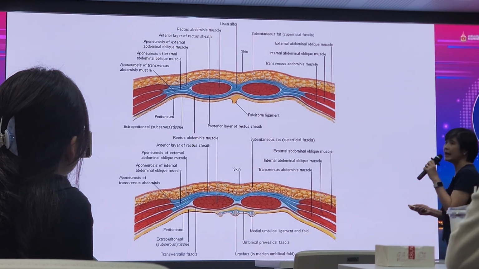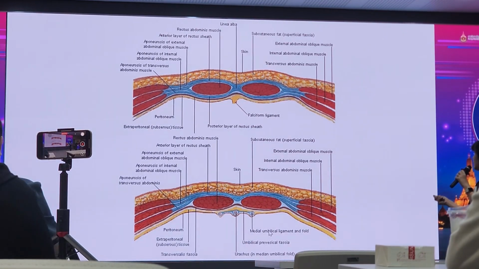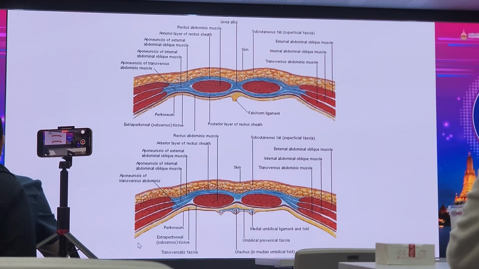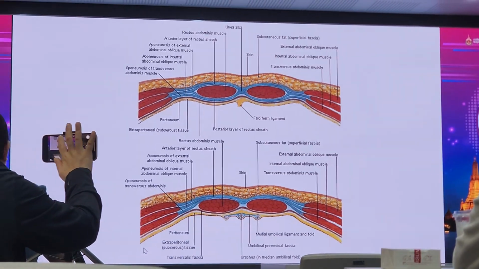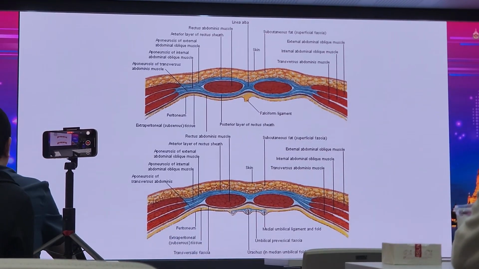Everybody knows about that. This is the level above the umbilicus, and this is below the umbilicus. No, not below the umbilicus, but above the arcuate line.